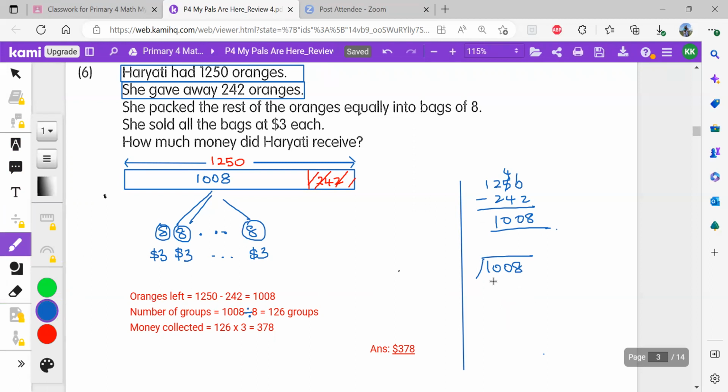I keep writing the wrong thing all the time. It is 8. 126 by 8 gives 16. Then you can do the 126 times 3. Okay, so that's the working at the side.